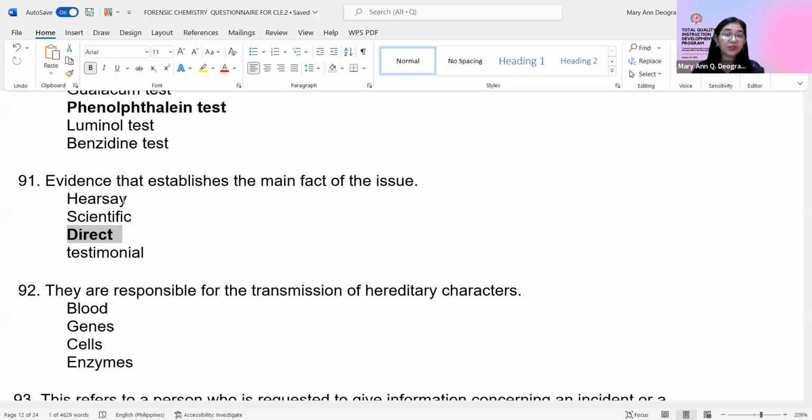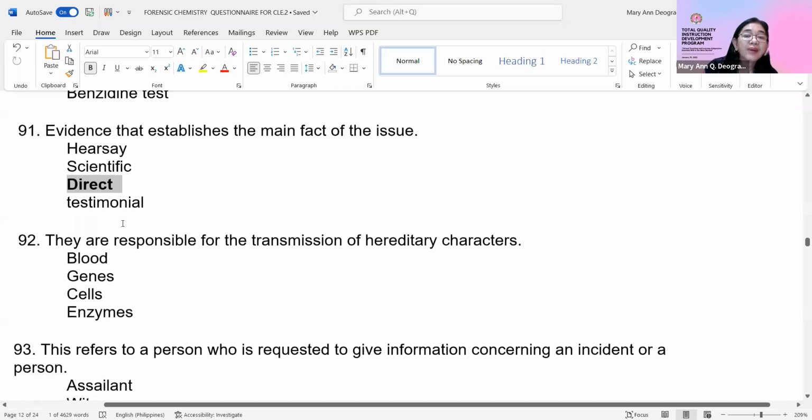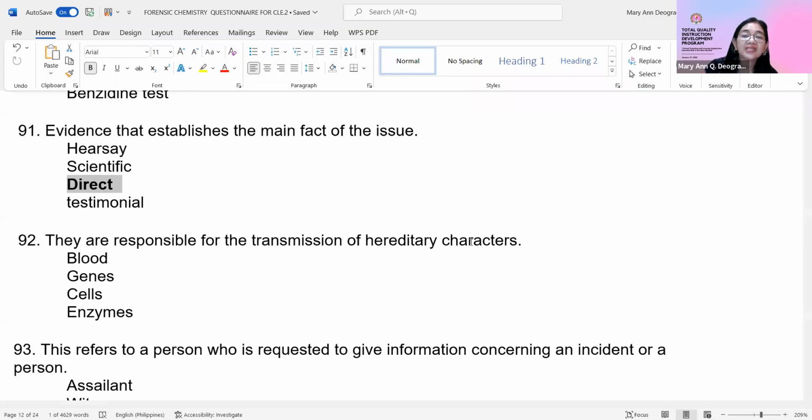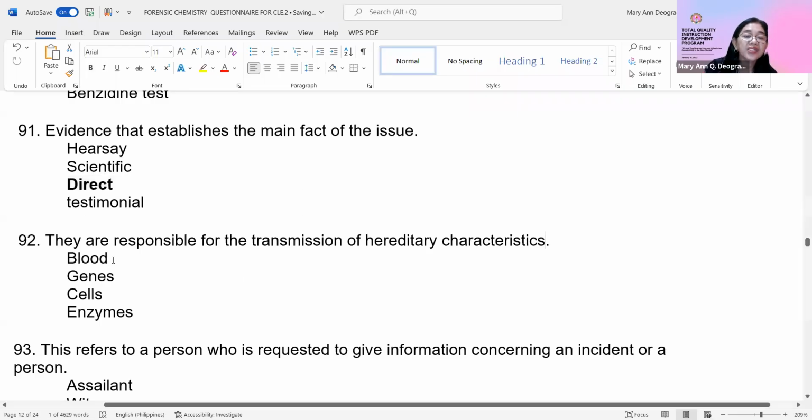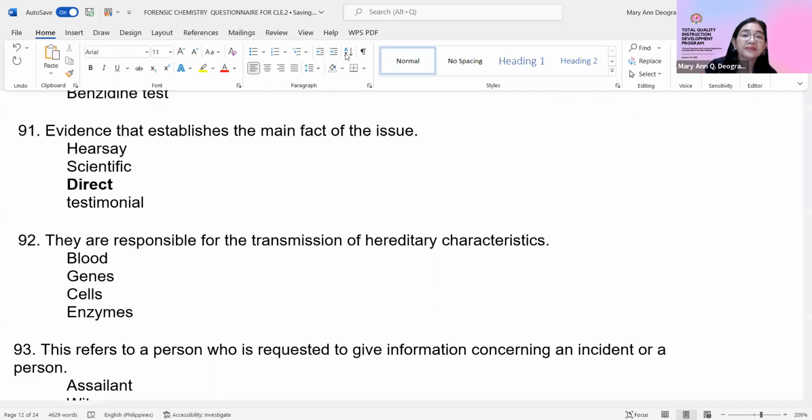Ang direct, it gives the main fact of the issue. They are responsible for the transmission of hereditary characteristics. Which of these? Is it blood, genes, cells, enzymes? It's our genes, yes.